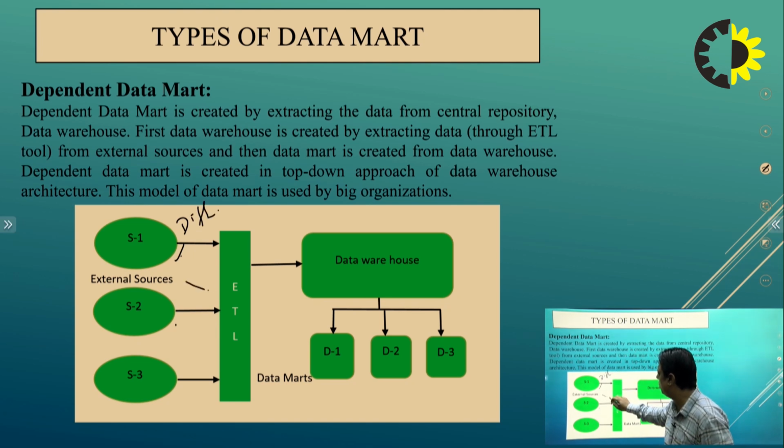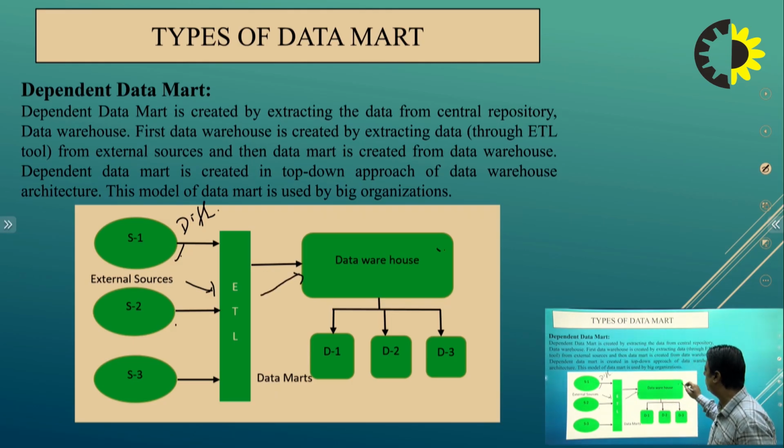First we run the ETL process in a data staging area. Then this data is stored in the data warehouse. After storing it in the data warehouse, we convert the data warehouse into data marts.